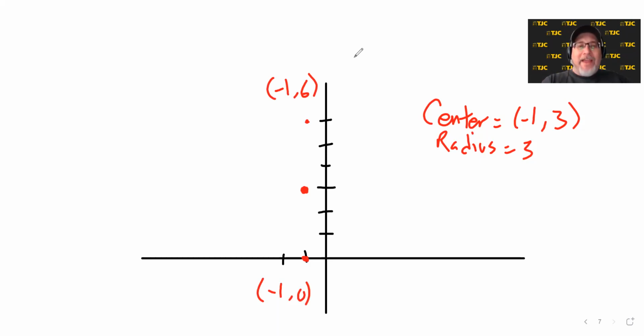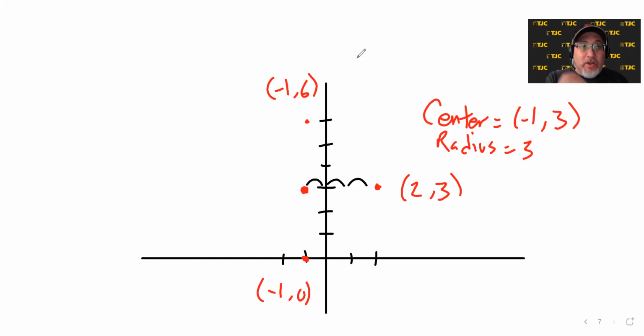If we go to the right 3 from the center, taking us to the right 1 puts us back on the y-axis, so we need 2 more spaces, 1, 2, 3. And it looks like that ordered pair is 2, 3. That makes sense. It's up 3, just like the center is up 3. But I added 3 to the x. -1 plus 3 is 2.